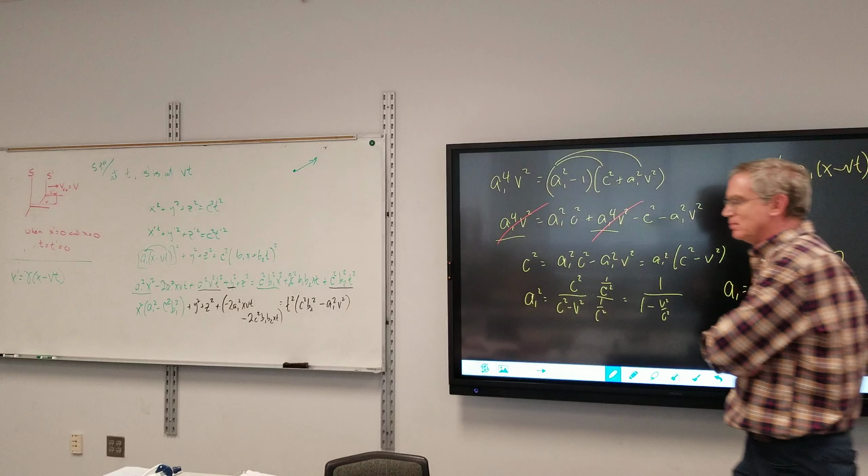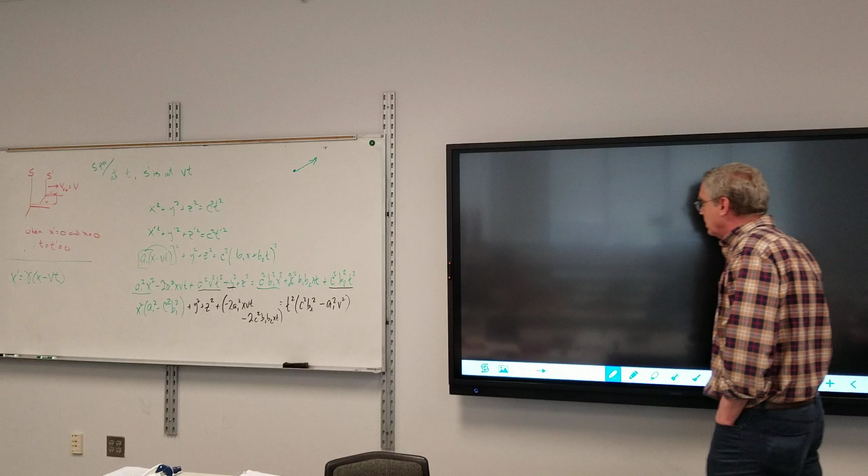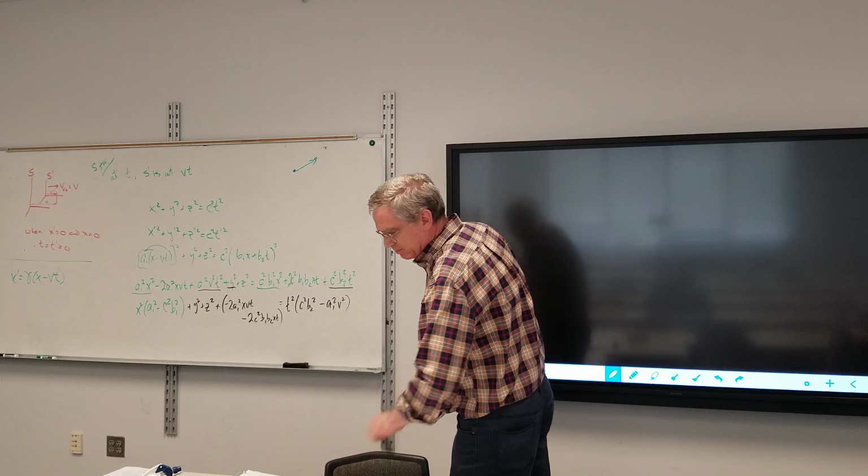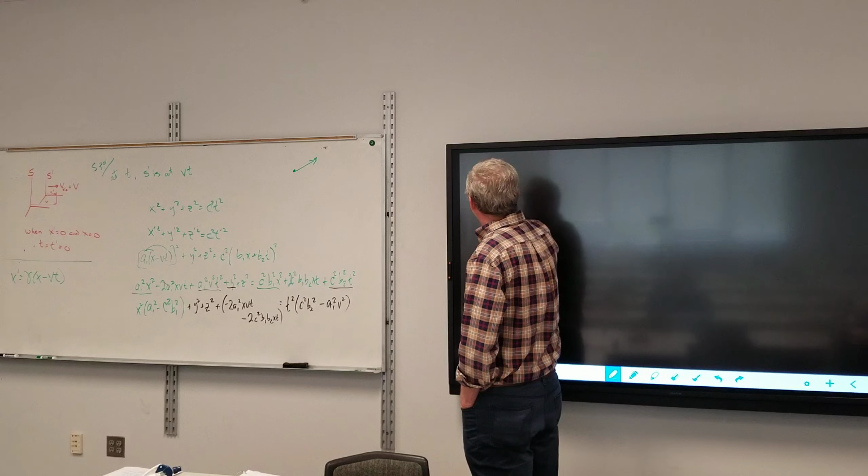All right, so now we have A1. We now have to solve for B1 and B2. I know that B1 squared is equal to A1 squared minus 1 over C squared. I know what A1 squared equals.